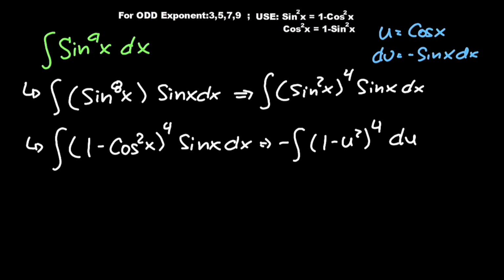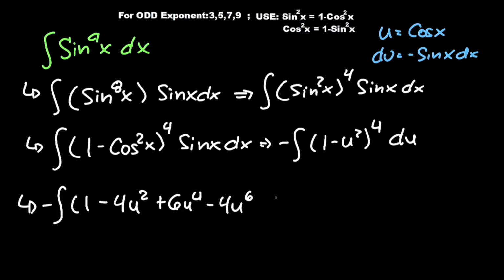Expanding this expression, we would have negative the integral of 1 minus 4u squared plus 6u to the power of 4 minus 4u to the power of 6 plus u to the power of 8.